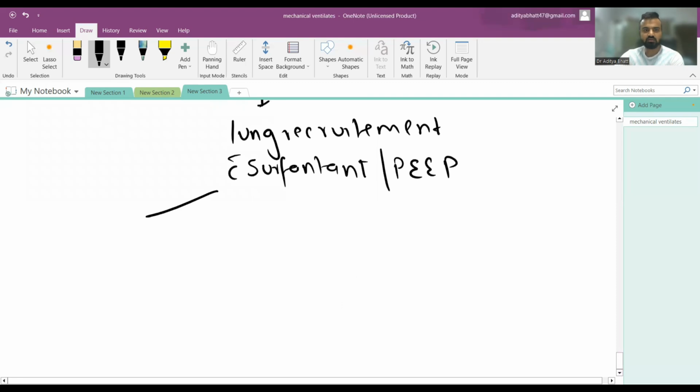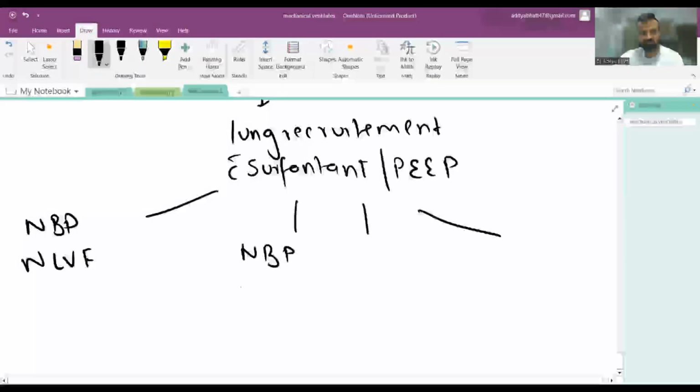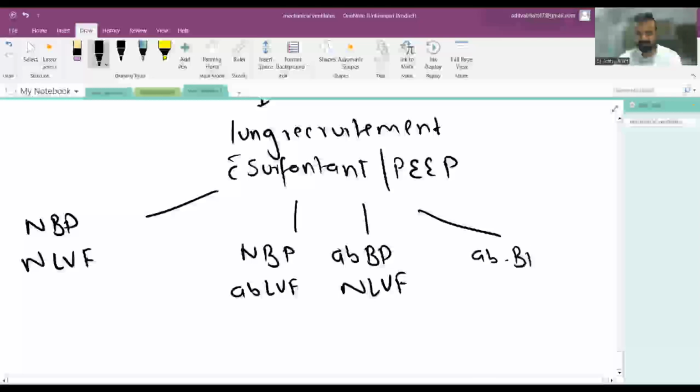Then you have 4 situations. First is normal BP, normal LV function. Second is normal BP, abnormal LV function. Third is abnormal BP, normal LV function. And the last one is abnormal BP and abnormal LV function.